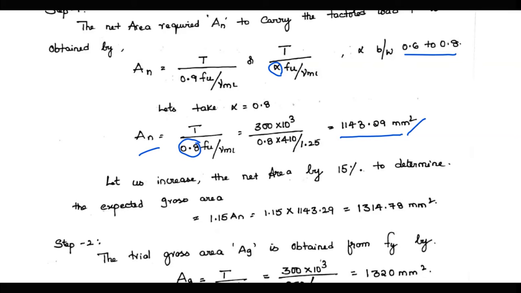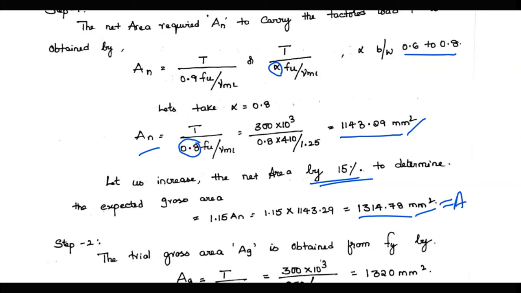So now what I am going to do is increase the net area by 15%, and I am considering that as the gross area. So the gross area can be obtained by increasing this 1143 by 15%, which is 1314.78 mm square.